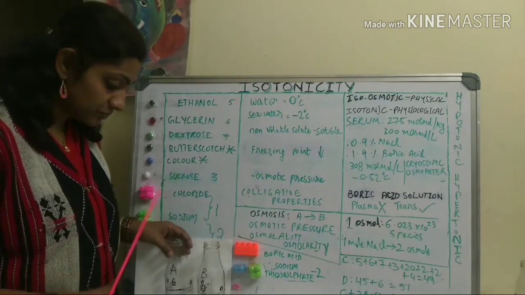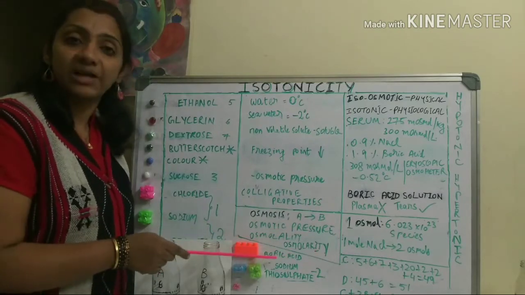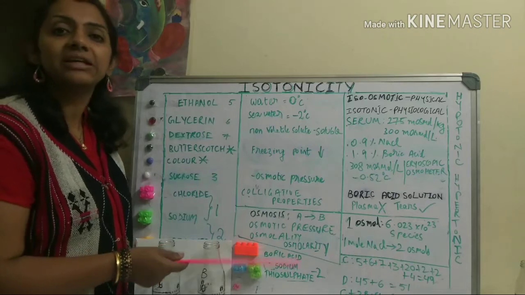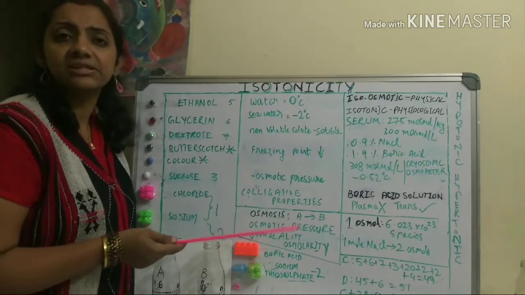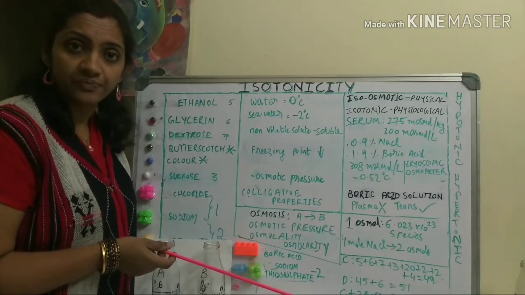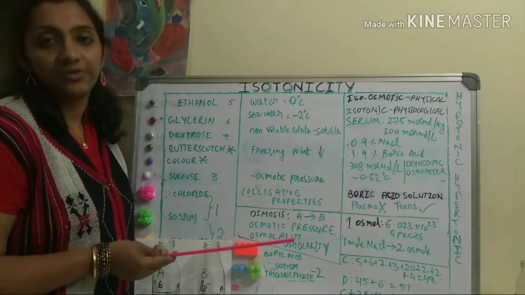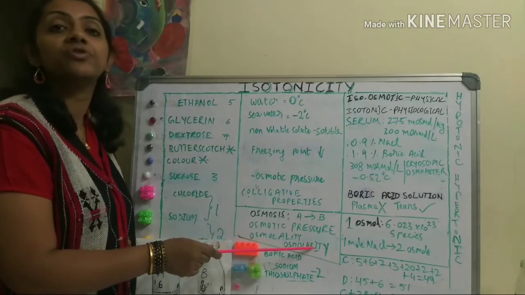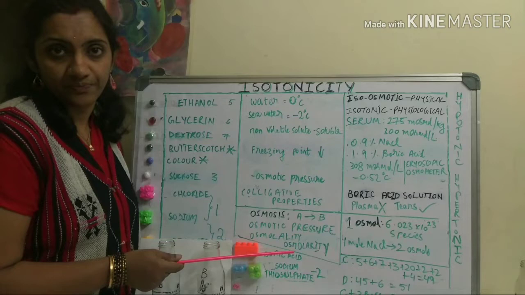Now, determining osmotic pressure or quantifying it is done based on two parameters, which are called osmolality and osmolarity. What are these? Osmolality is a term which talks about the number of osmoles present in 1 kg of the solvent, whereas osmolarity is talking about the number of osmoles present in 1 liter of the solution.